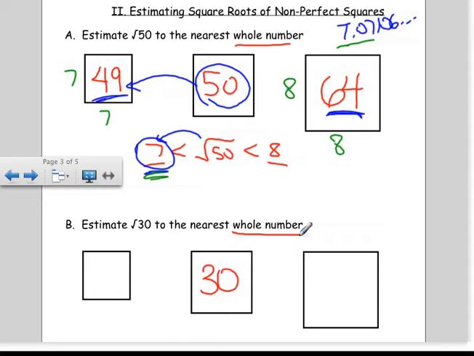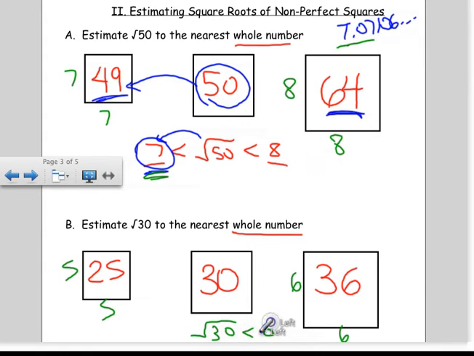Okay, you've tried B. Now you want to check your answer. The two perfect squares that it's in between are 25 and 36. The square root of 36 is 6. The square root of 25 is 5. So the square root of 30 is less than 6 and greater than 5.